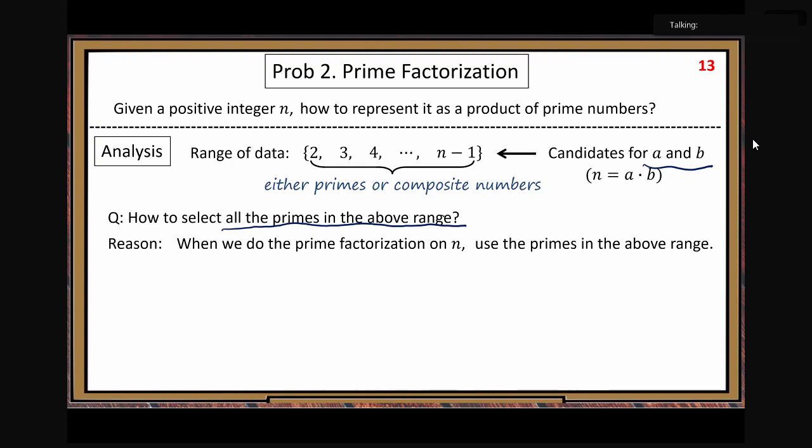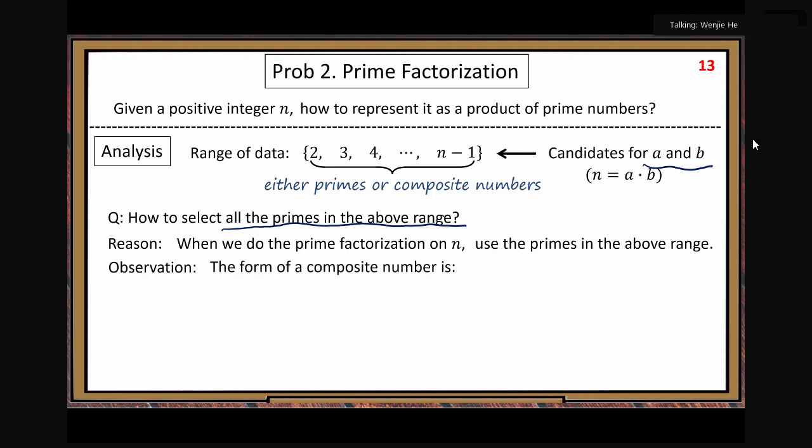So we are more interested in the prime numbers in that range, because if we can find them easily, we can do the testing with them.